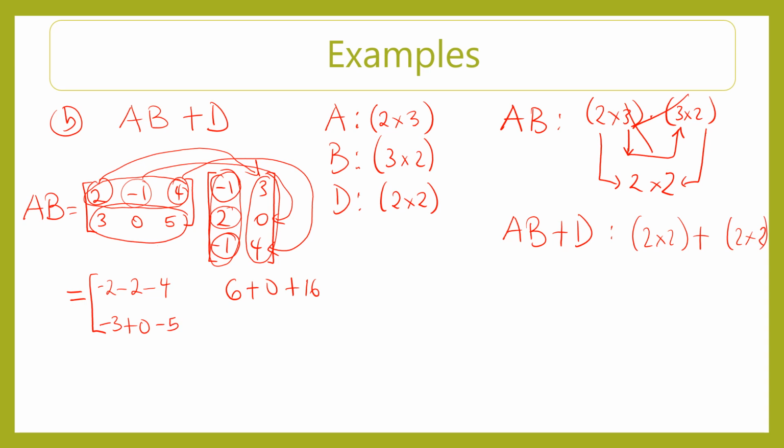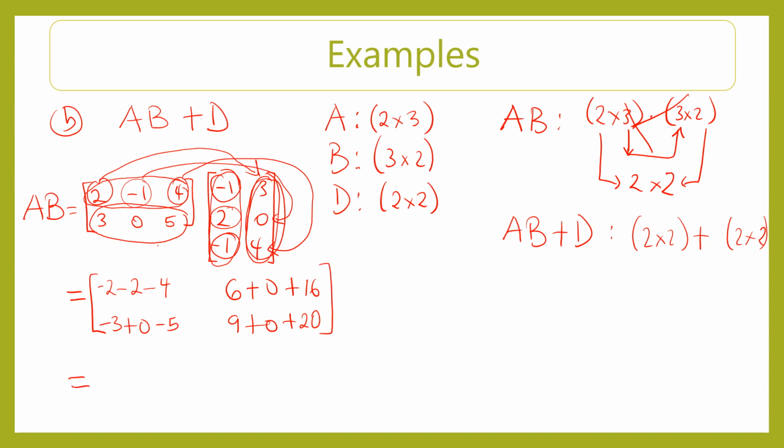The next one, we use the first row against the second column here. So 3 times 3 gives you 9. 0 times 0 gives you 0. 5 times 4 gives you 20. All right.